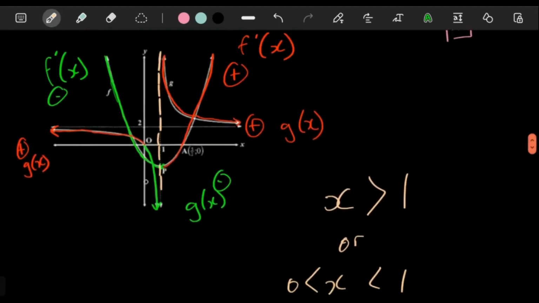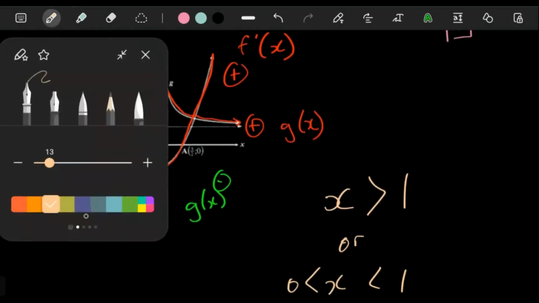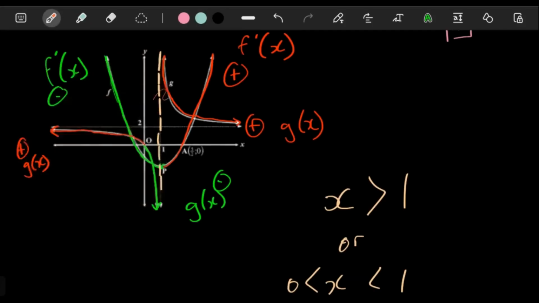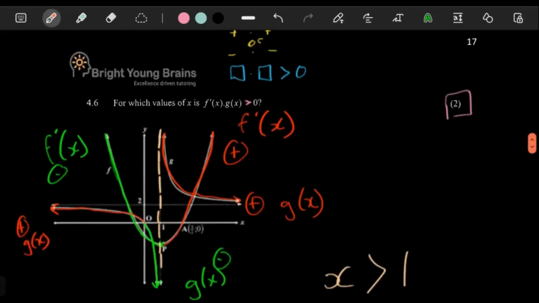If you had said x is bigger than 0 but x is not equal to 1, that would also be fine. So that's that for this question. Let's move on to the next part of it.